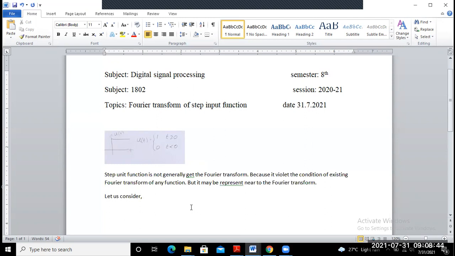As you know, when omega naught tends to 0, cos omega naught t is 1, so x(t) becomes u(t).